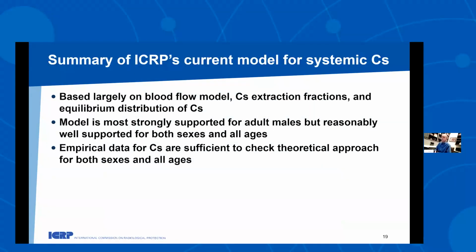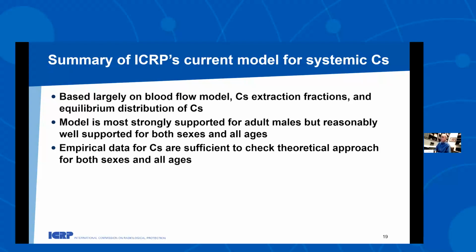So, in summary, the current model for cesium is based largely on a blood flow model, cesium extraction fractions, and equilibrium distribution of cesium, although there are several add-ons to the flow model to fill out the entire model.